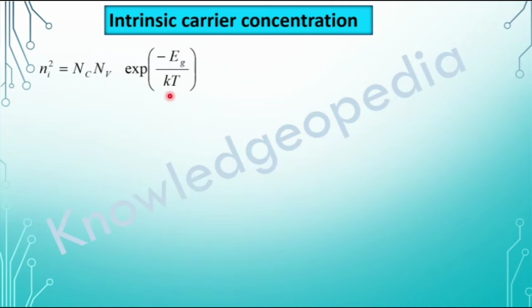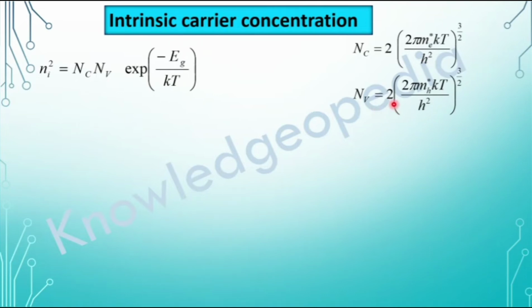Now, let us do some simplification to this expression. In our previous lectures, we have seen that Nc is equal to 2 into 2 pi me star kT by h square whole to the power 3 by 2, where me star is the effective mass of electron, k is Boltzmann constant, T is absolute temperature, h is Planck's constant. Also, we have found that Nv is equal to 2 into 2 pi mh star kT by h square whole to the power 3 by 2.